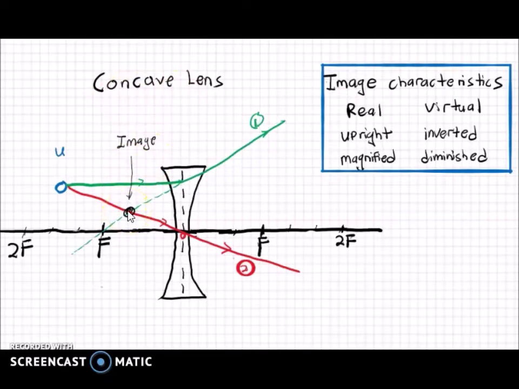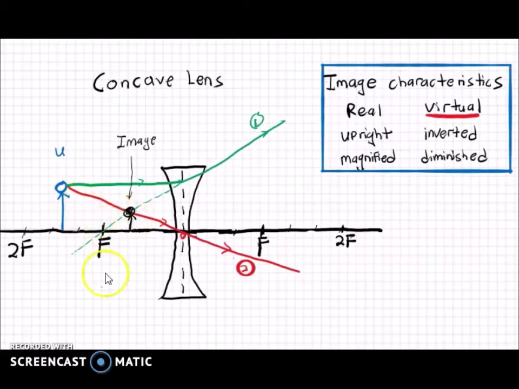So this image shows the characteristics, I will highlight in a red color here. Always remember, in a lens, if the object and the image fall on the same side of the lens, it will be virtual, right? Let's say this is the object, I put an arrow, and this one is the image over here.